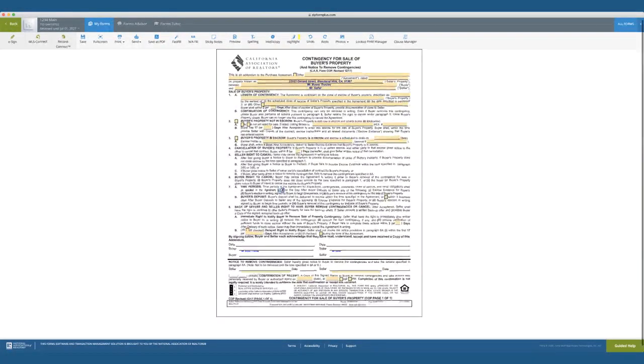But here in number 8 regarding backup offers, if 8B is not checked, which I want you to check, at any time once you get into escrow, even if your buyer hasn't gotten into escrow on his property, the seller can say, I want you to remove this contingency or we're going to cancel.